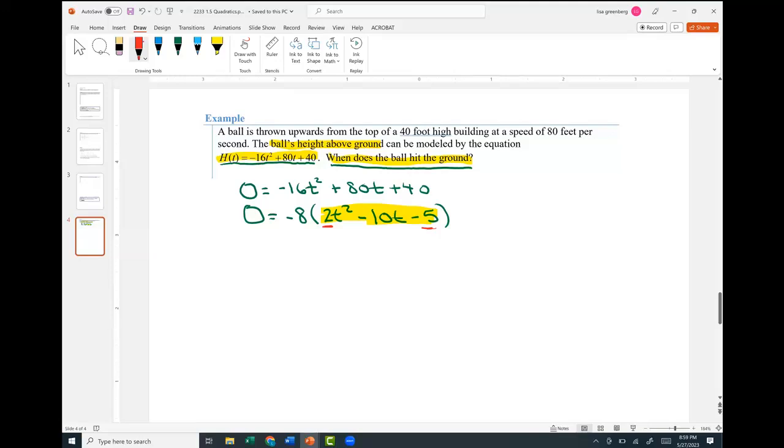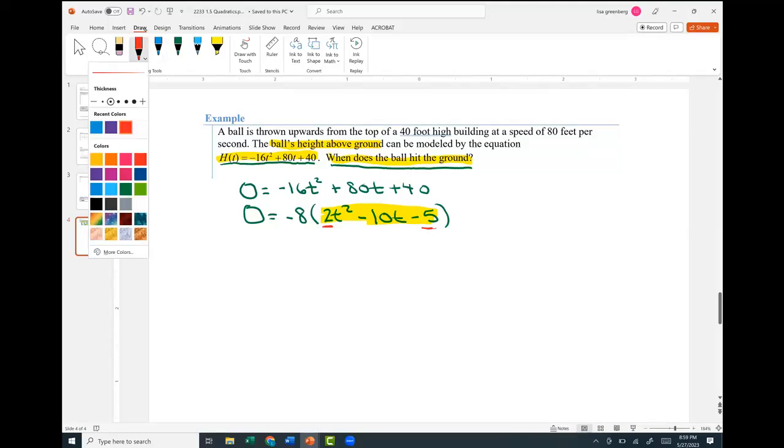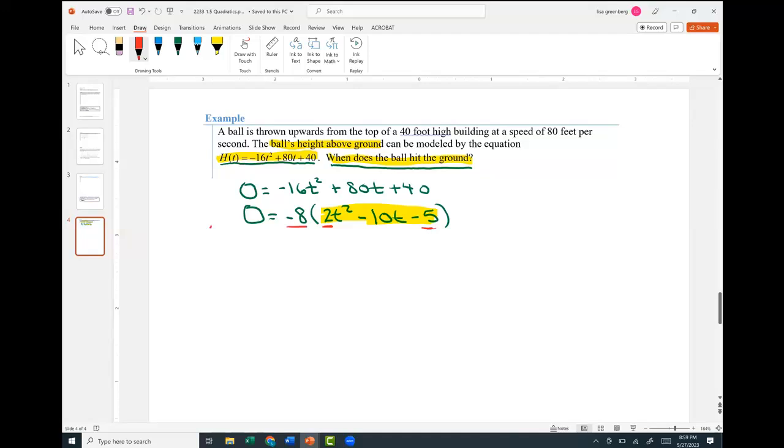So I know this is not factorable. But first step, I can divide both sides by negative 8. And I get 0 equals 2t squared minus 10t minus 5. And now I can just plug this directly into the quadratic formula.